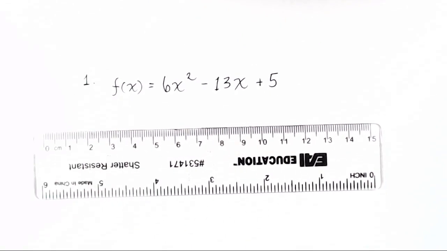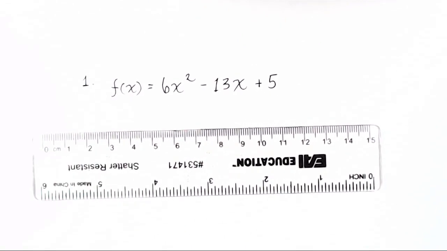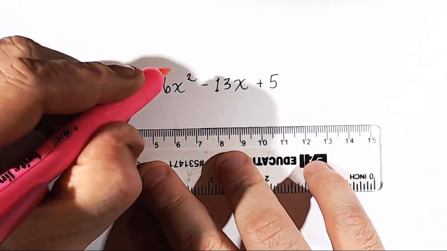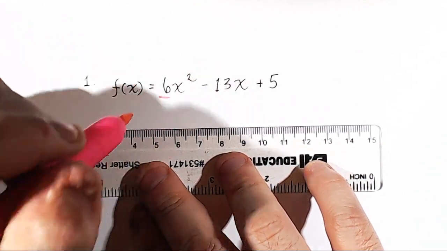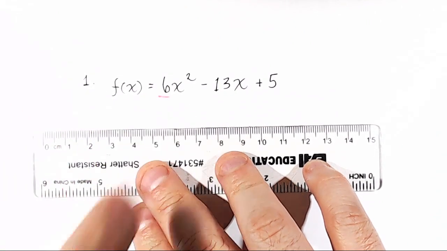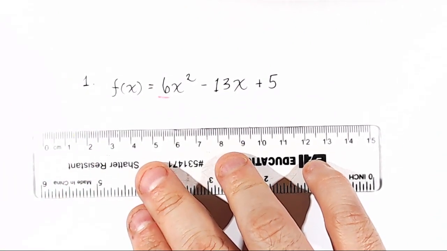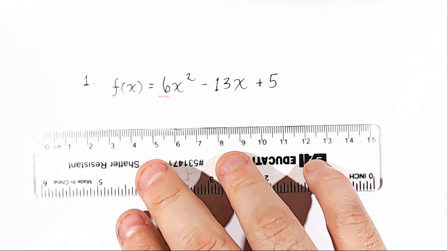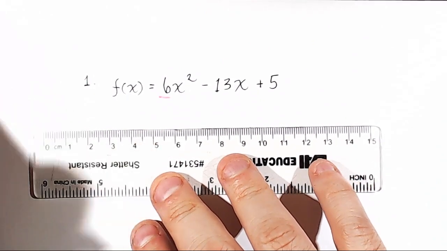Now, here's something we need to be aware of. This particular problem has something called a leading coefficient, that's this 6 right here. And because it has that leading coefficient, the normal way of factoring won't work. So here's how you factor this.